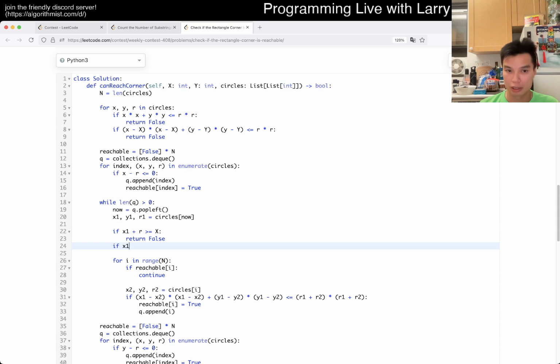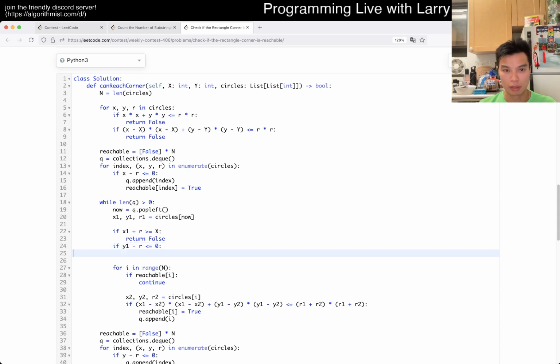If this is going to the bottom, then you also don't... no good. Yeah, okay. Why does that?